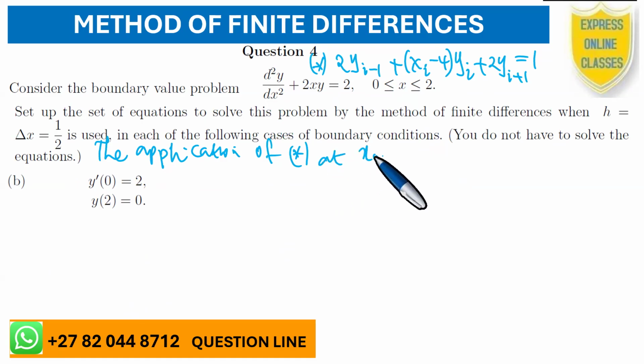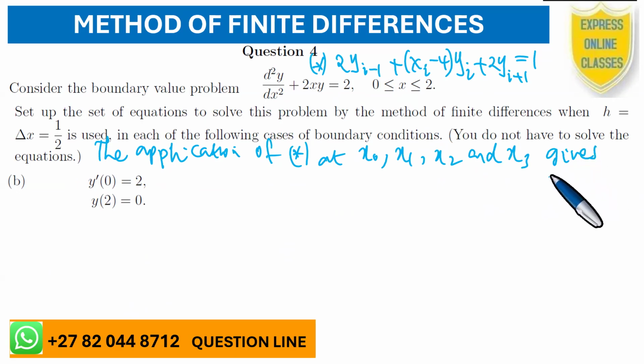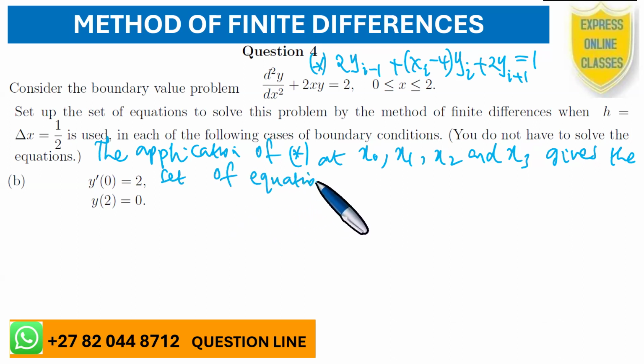evaluated at x0, x1, x2, and x3, which gives the set of equations.